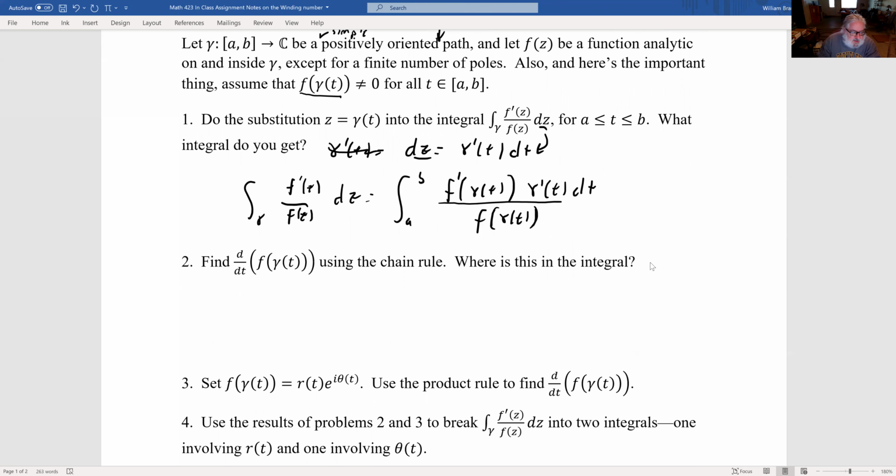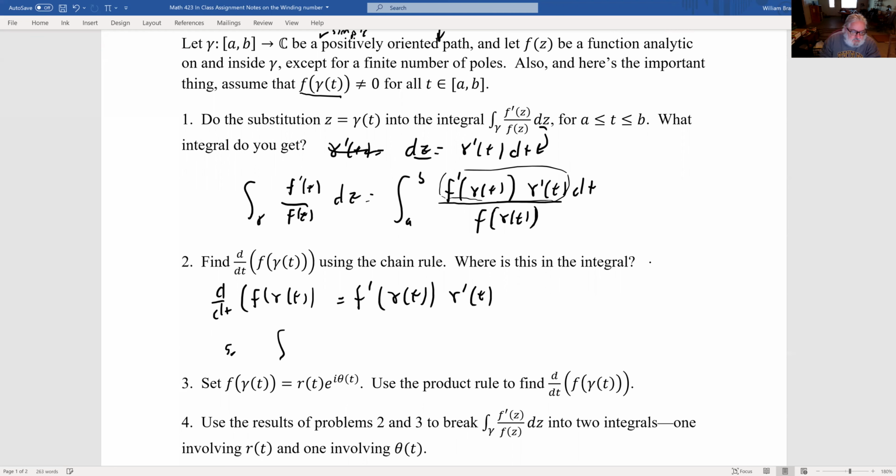Okay, so derivative of f of gamma of t using the chain rule is that, right? Because derivative of the outside times derivative of the inside. And that's this part of the integral.